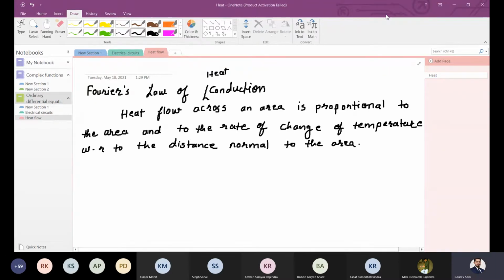So let's make a mathematical statement out of it. First of all, we'll define the notations that we'll be using. Q is the quantity of heat, or simply heat, and the unit for this is calories per second. X will denote the distance, and capital T will denote the temperature.